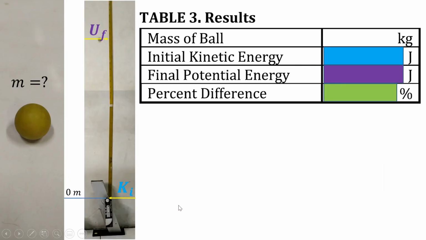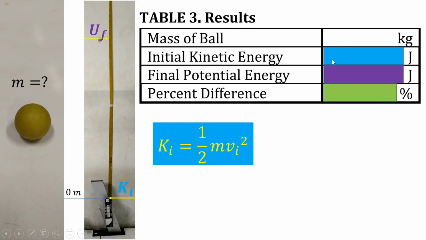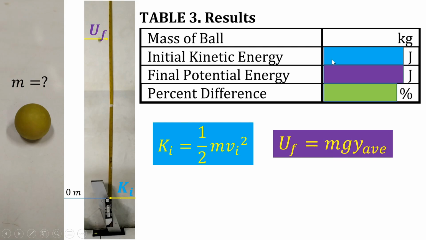And we will now proceed to table 3. Once you have completed the table, the mass of the ball, the initial kinetic energy, and the final potential energy, we will get the percentage difference, because we assume that these two values are equal based on the idea of conservation of energy.